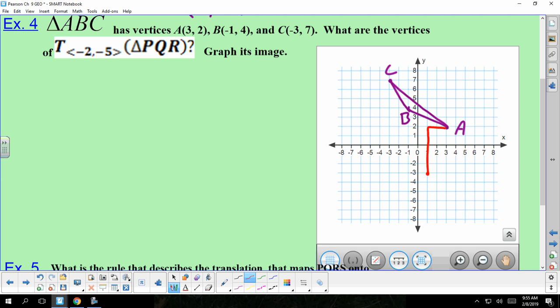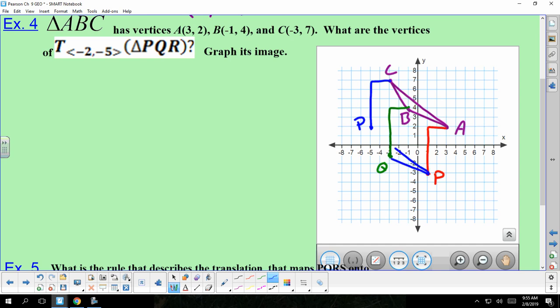There's going to be P. And then the next one, as I move B over 2, 1, 2, down 1, 2, 3, 4, 5. There's Q. And then to find R, we're going to go over 1, 2, and down 1, 2, 3, 4, 5. Here's R. And we can connect those.